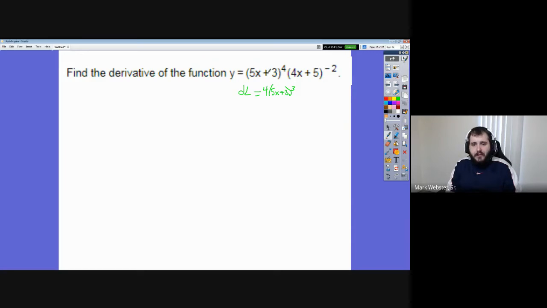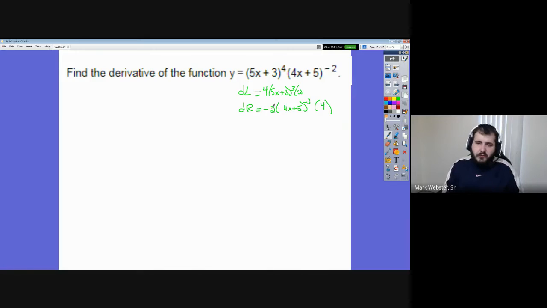And then multiply it by the derivative of the inside. Derivative of 5x plus 3 is just 5. And our d right, our right-hand side, once again, bring it down. Don't change the inside here. Make that be 1 less than it was before. Was -2, down to -3. Times the derivative of the inside. Derivative of 4x plus 5 is just 4, right?